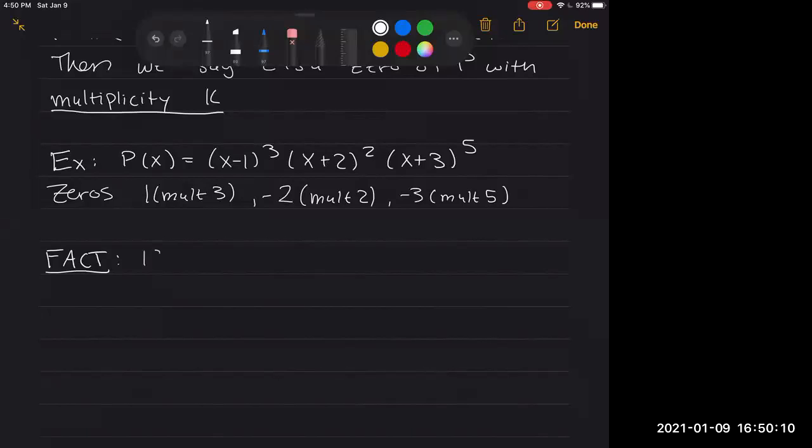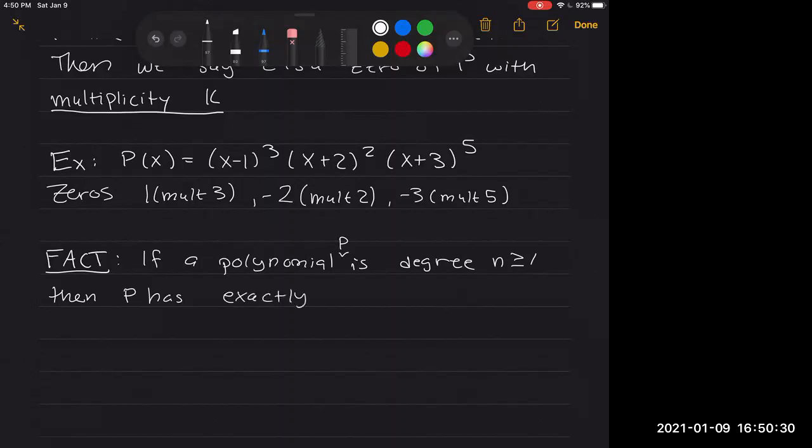So as long as we count the multiplicities the same number of times, we'll get exactly n zeros.